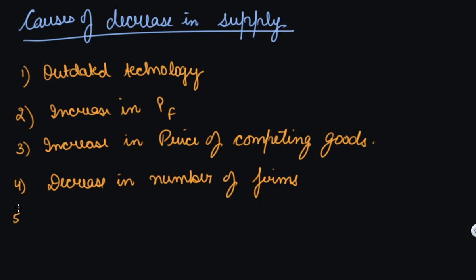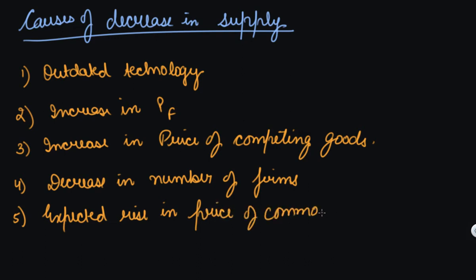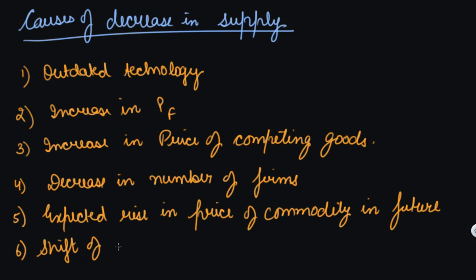Fifth, your expected rise in the price of the commodity in future. Sixth, a shift of the goal of the firm to profit maximization.